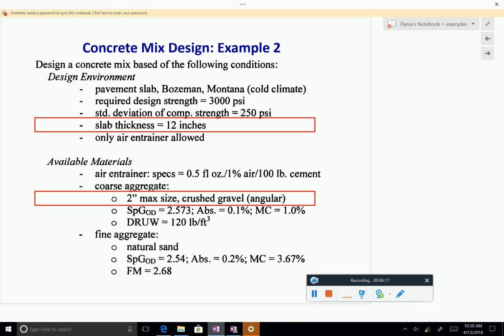So what is MSA you chose? Okay. What is the maximum size aggregate you chose? So it has to be less than 12 divided by 3.